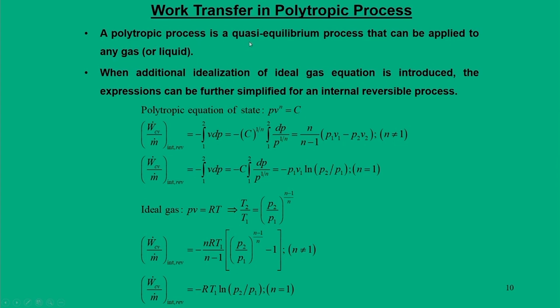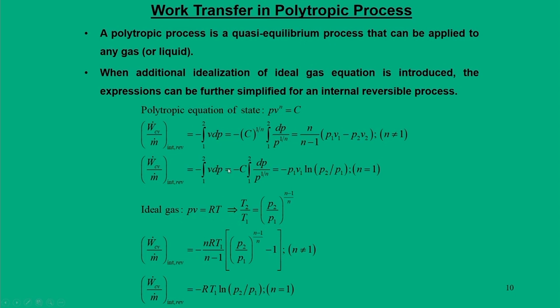Ideally, the word polytropic process is assigned when the system undergoes quasi-equilibrium change of states, and the equation of state can be written as Pv^n = constant. These equations can be applied for any gas, but if it is an ideal gas, Pv becomes RT.